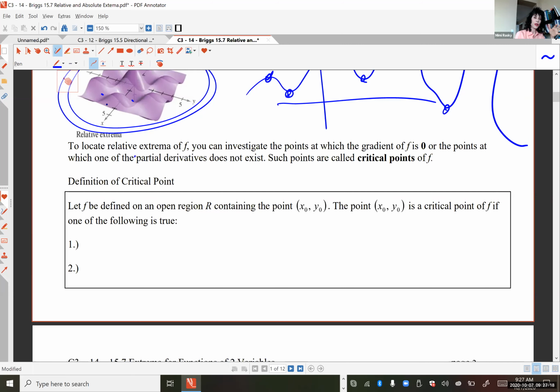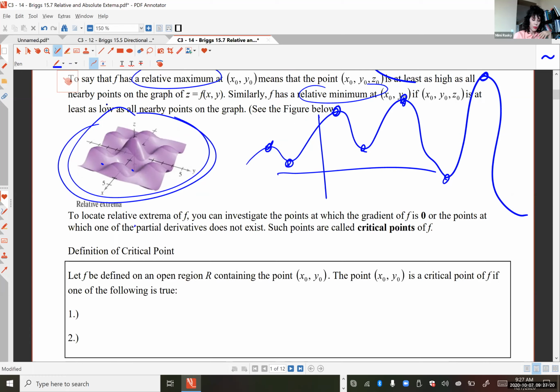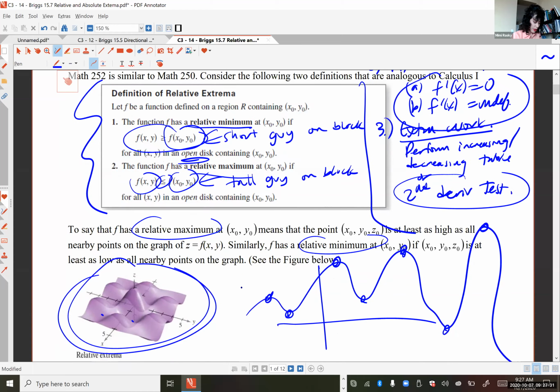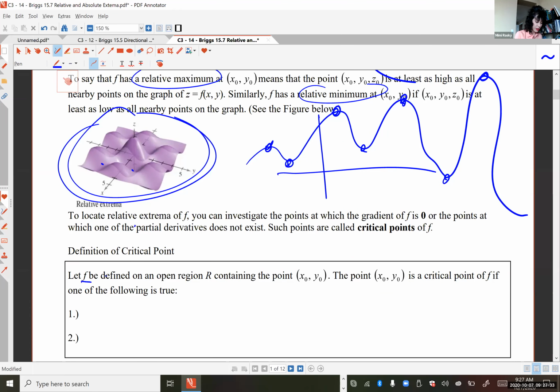For us, a critical point is similar to a critical point that you had in Calc 1. So that's the good news. You don't really have to learn much new, okay? So what is the critical point for us? Well, first you got to have your function f be defined on some open region, otherwise forget it. And you have some fixed point that you think is a critical point.